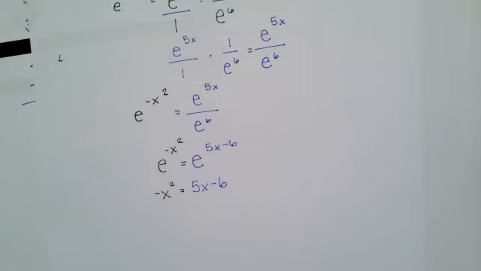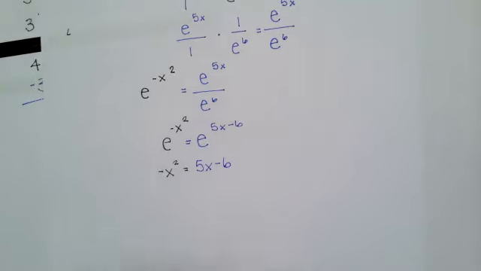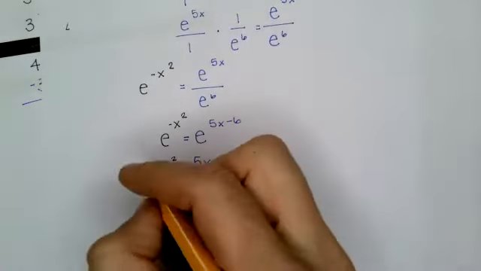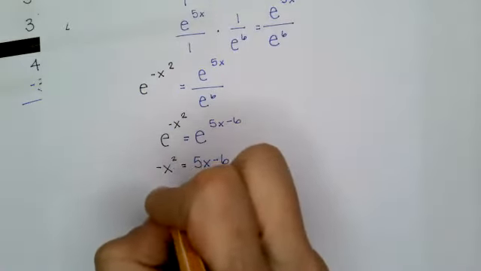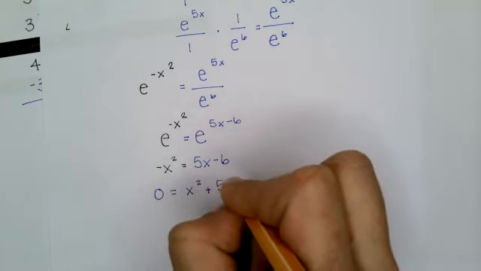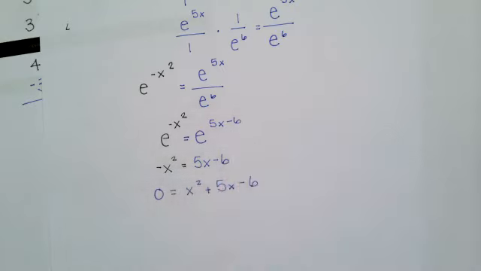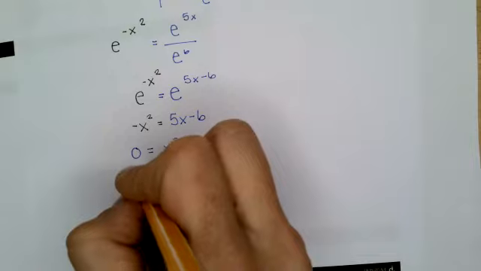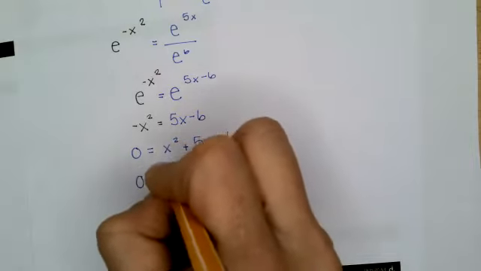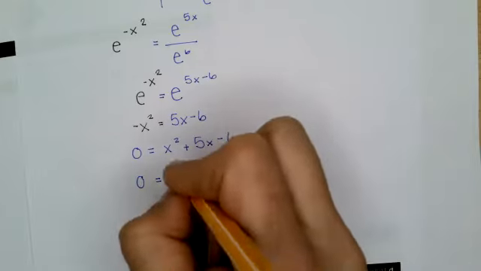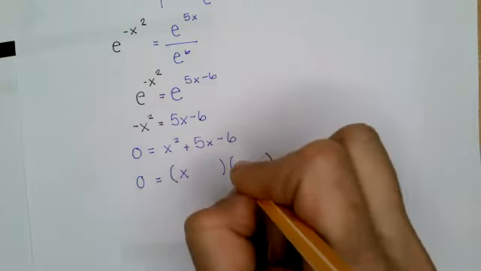Good. Now we have an x squared, we have an x, and we have a constant. So I'm going to put it into standard form. And either solve it with the quadratic formula, or I can try to factor it, right? A is 1, B is 5, C is negative 6. So that'll be x times x, right?